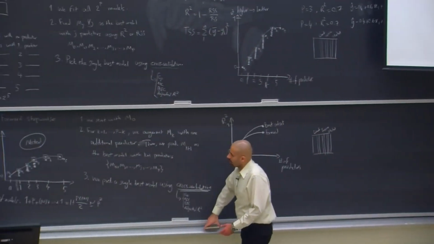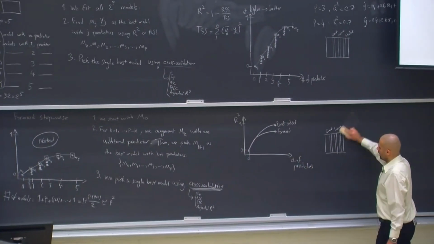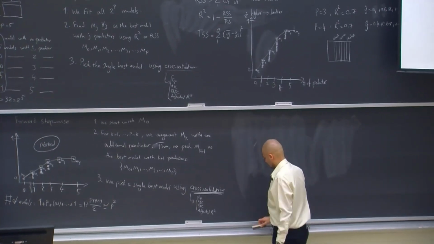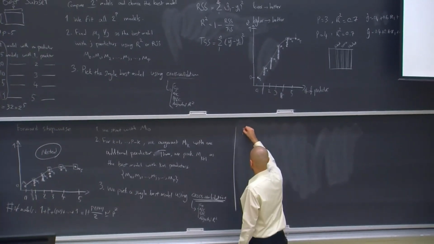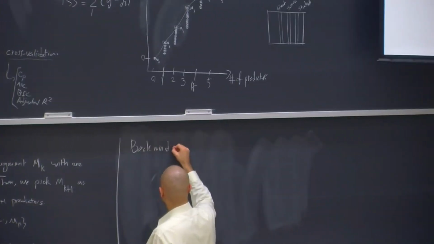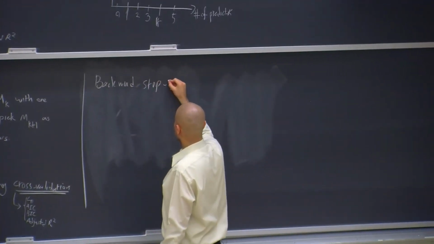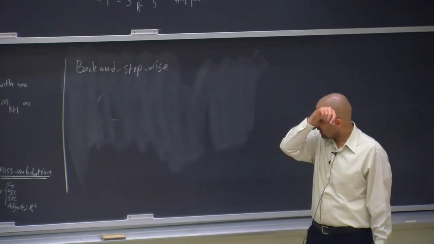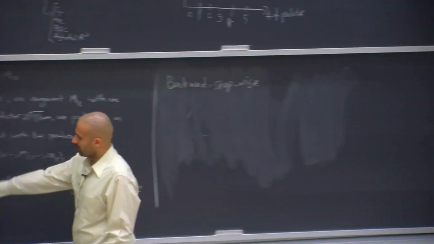All right, so we covered forward stepwise selection. There's also a backward stepwise selection. So with backward stepwise selection, we're doing something similar to this, but we start from the right.